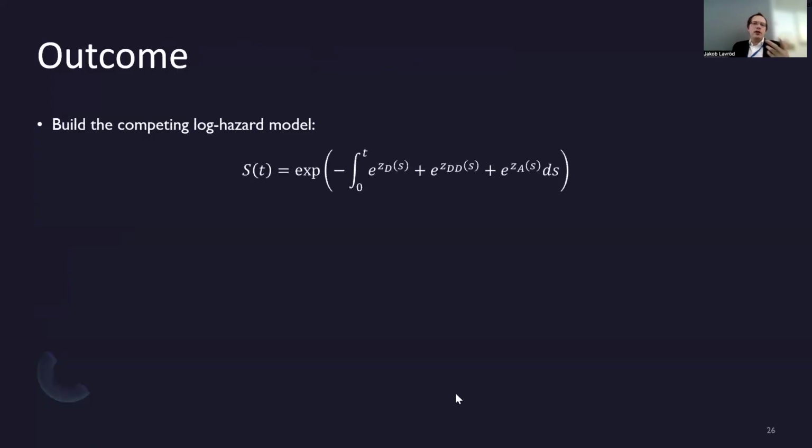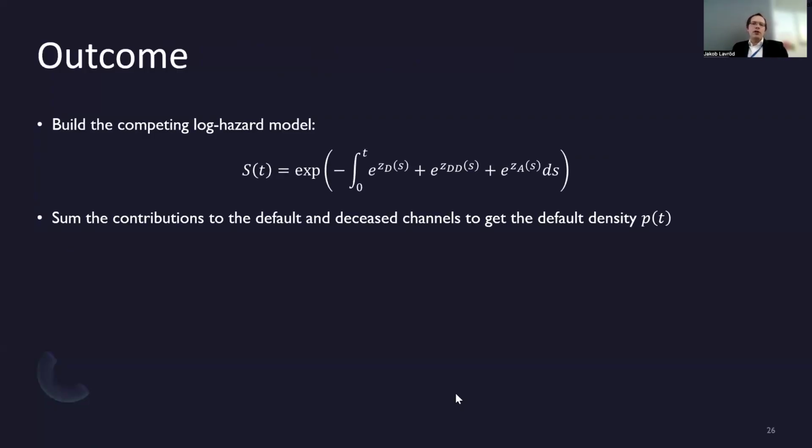And finally, we had built this competing log hazard model. You sum together the defaults. If you look at the default rate here, you get how much actually defaulted, and also you take a certain proportion of the deceased customers, because sometimes a deceased customer might almost act like attrition, just unwilling attrition.